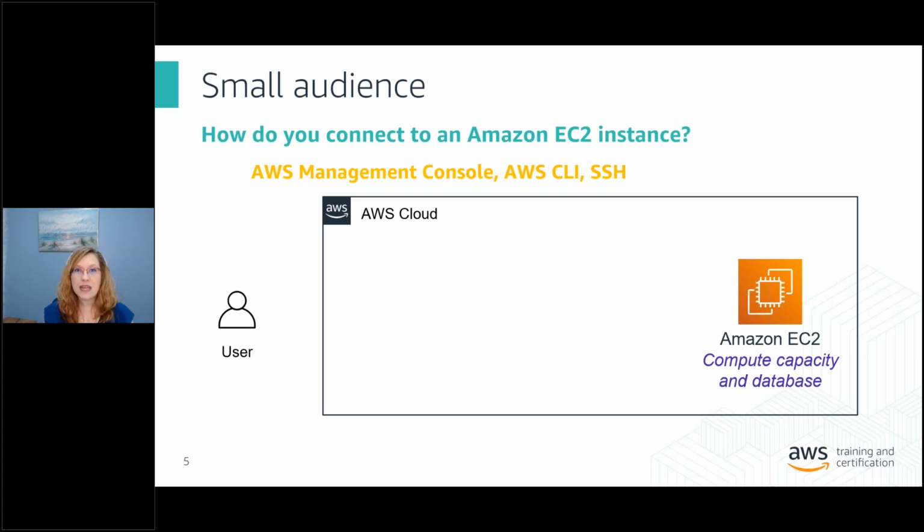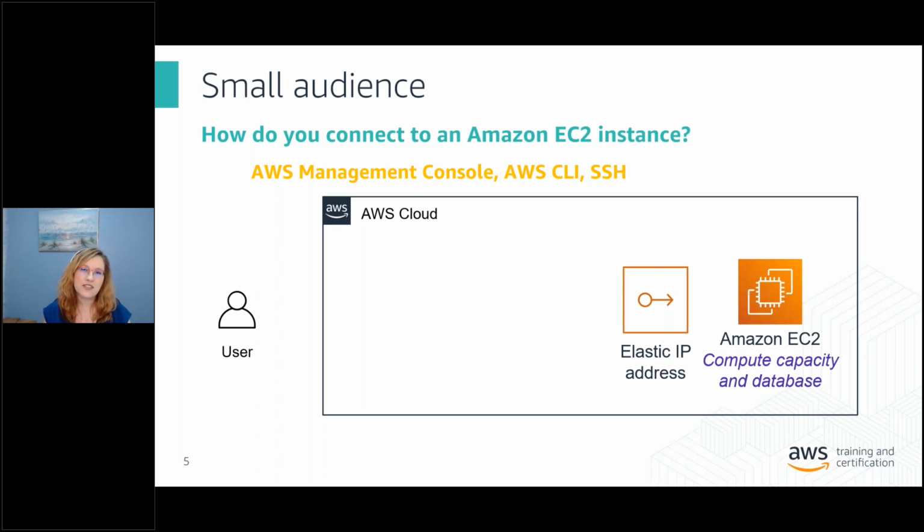Now, all three of these mechanisms require that I have an IP address configured for my EC2 instance. Now, this IP address could be a static IP address for that instance, but more likely, and what's going to be a better fit for our scenario, is to use an elastic IP address.